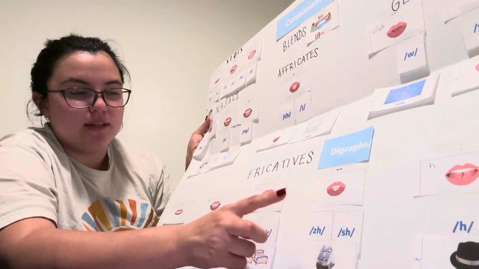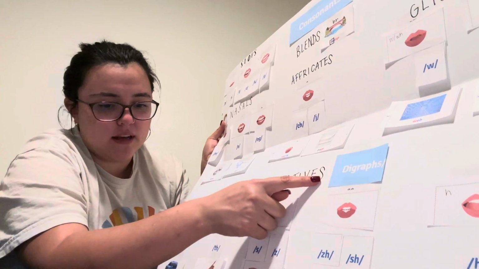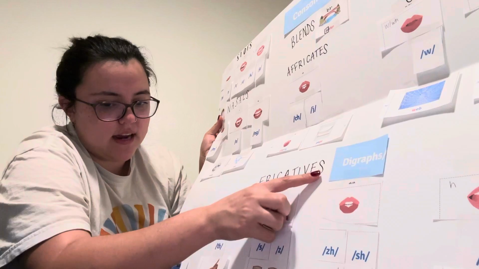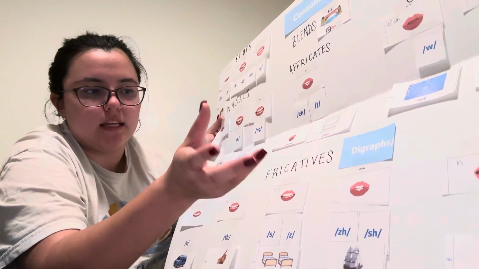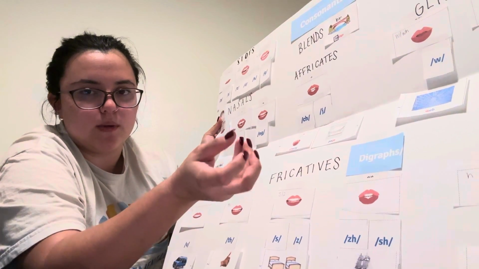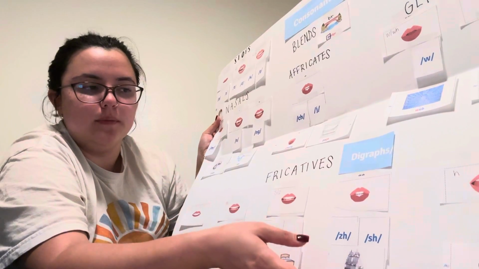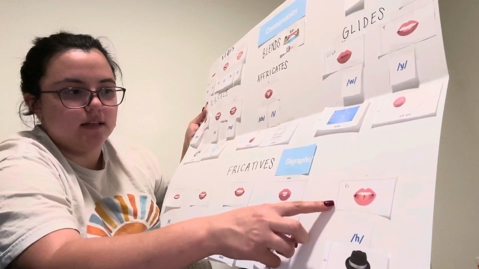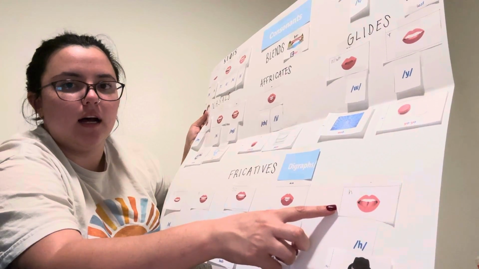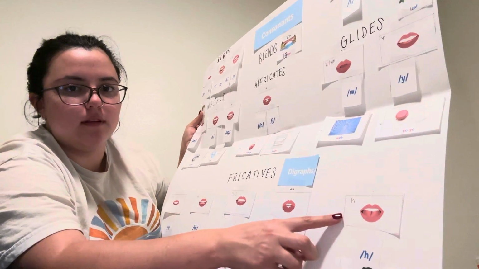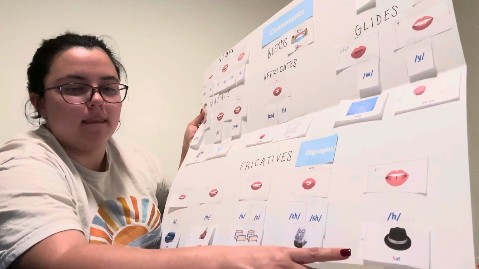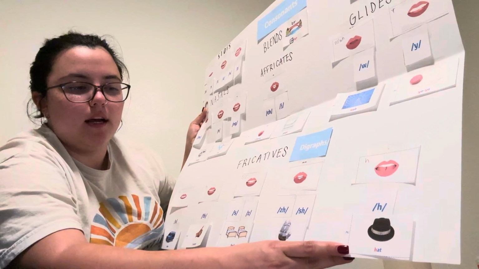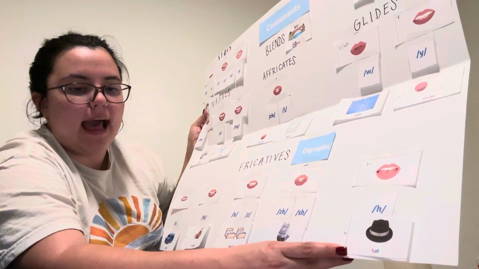This example is also an example of a digraph. The two consonants you hear make one new sound. The last one is h. Here's the mouth formation and the example h for hat.